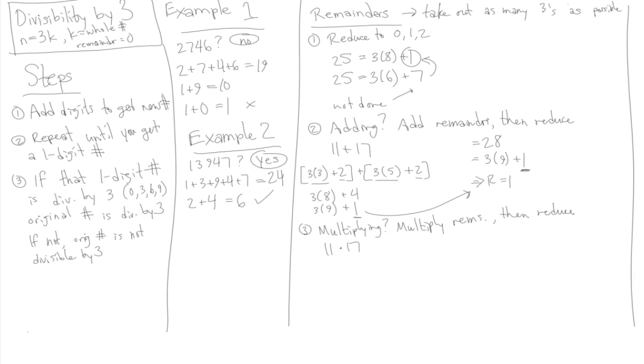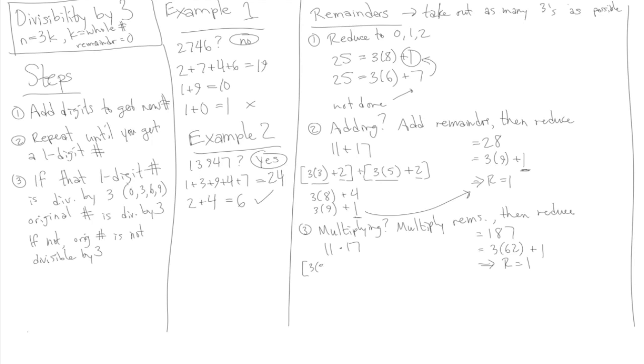Now, on the one hand, we know that this is 187, which is 3 times 62 plus 1, which means that the remainder is 1. But let's see that you can just multiply the remainders and that works.